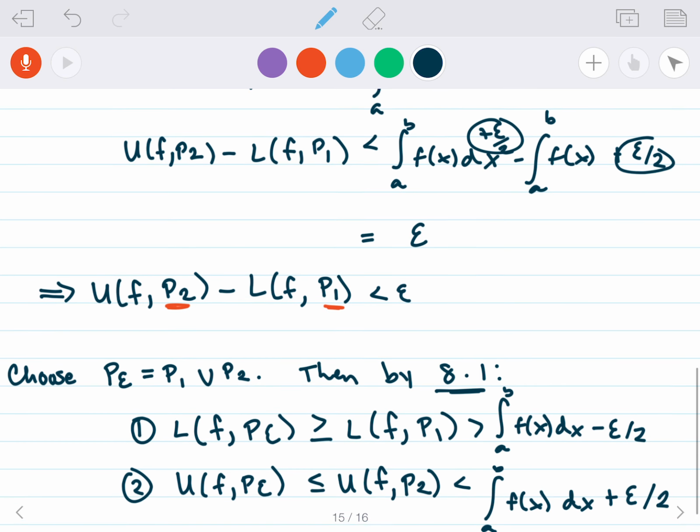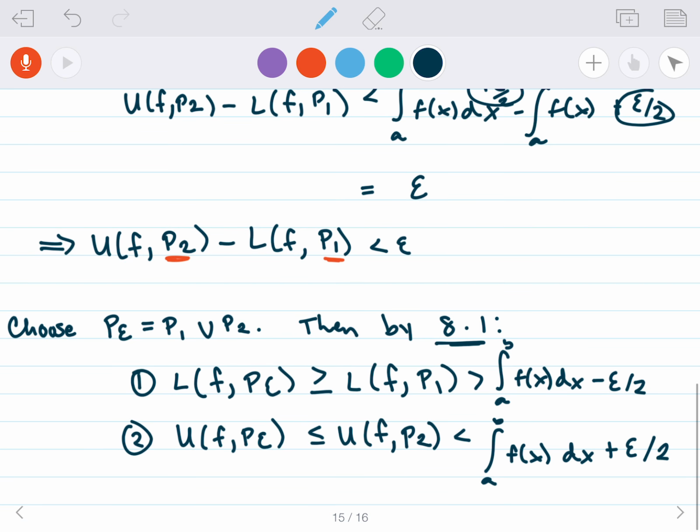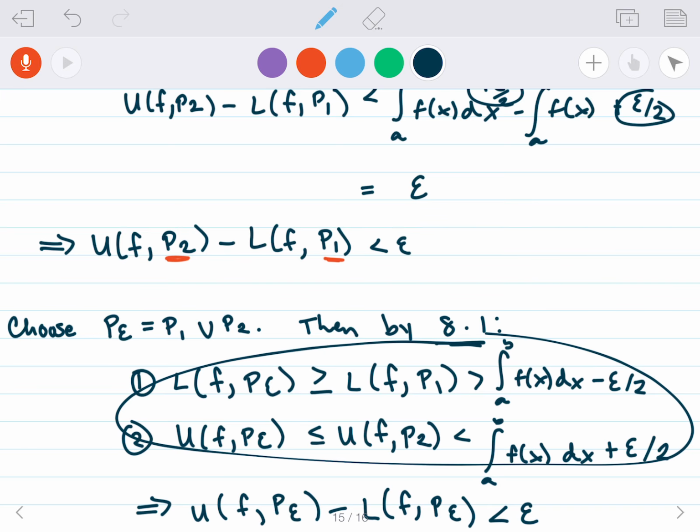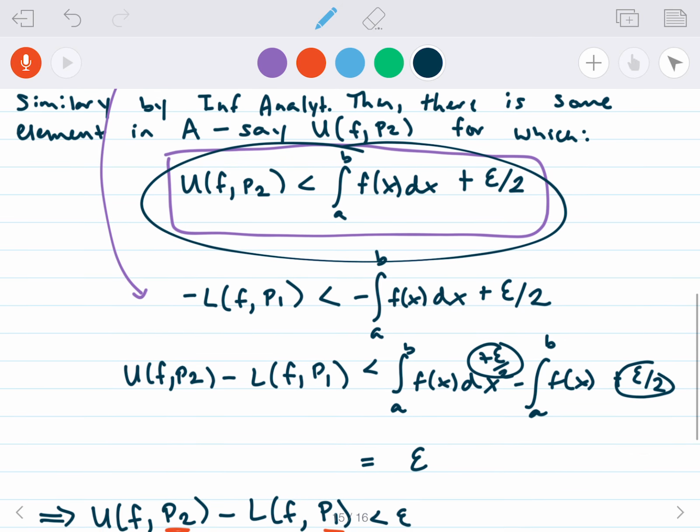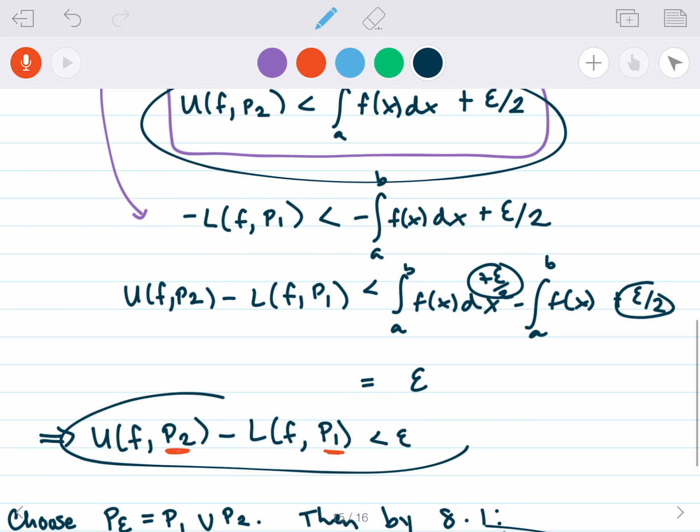And this is going to imply that the upper sum of P sub epsilon, just like doing the trick where we multiply both sides by -1, becomes minus the lower sum of f P sub epsilon, and this is going to be less than epsilon by just combining these inequalities, just like we did at this stage.